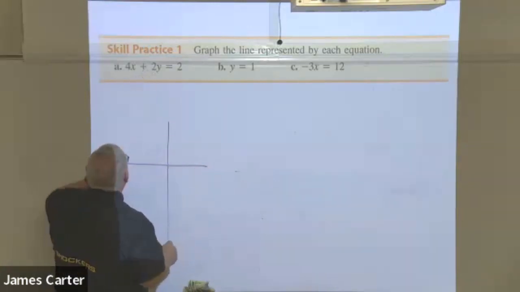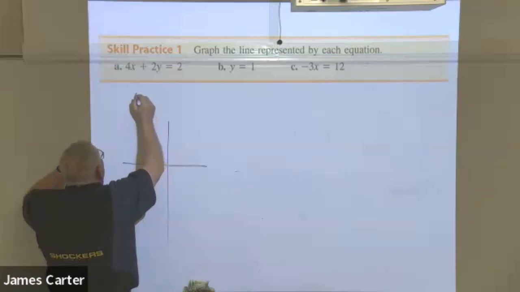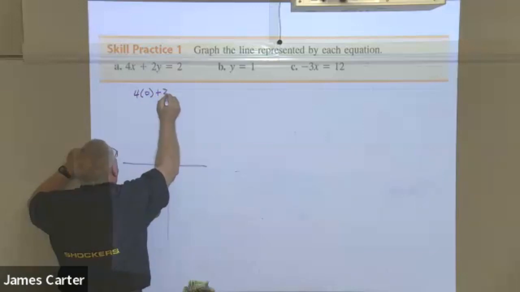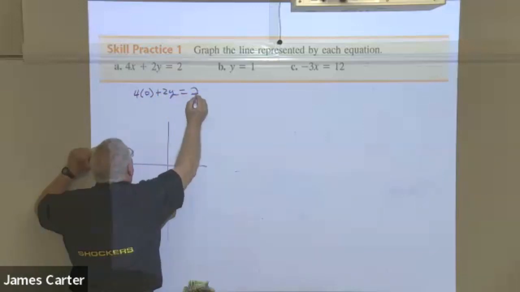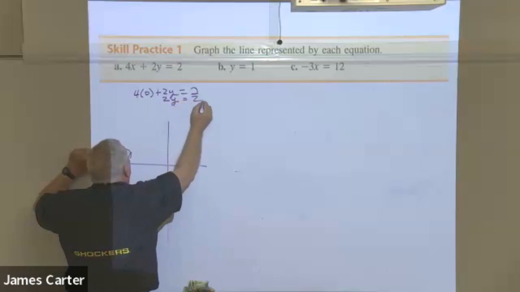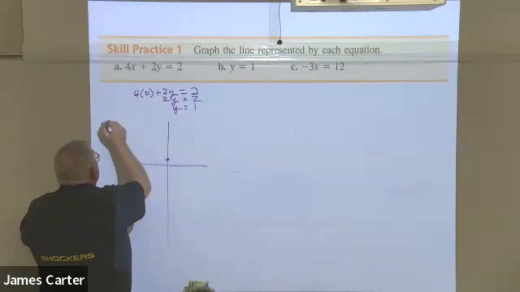The first one. Okay, in this case, if I let x equal 0, then I have the point (0, 1). There's the y-intercept.